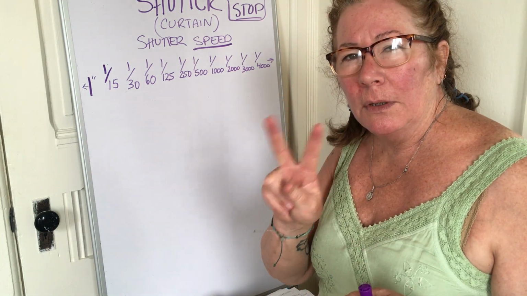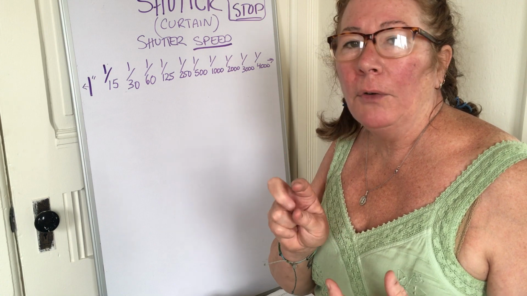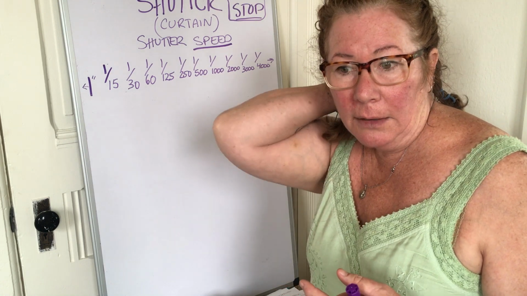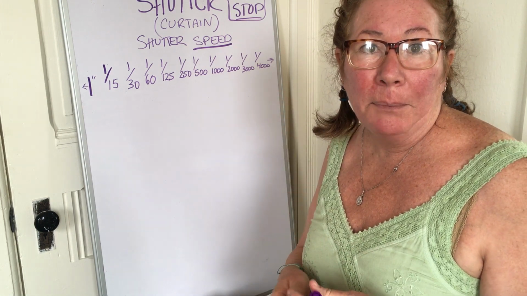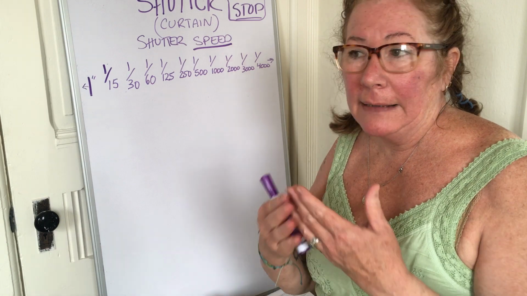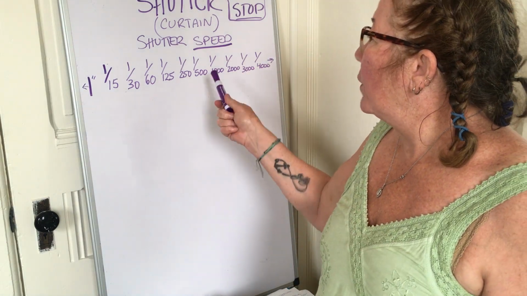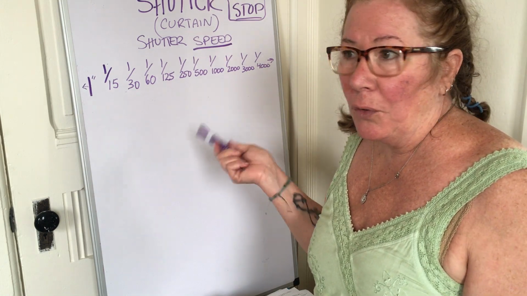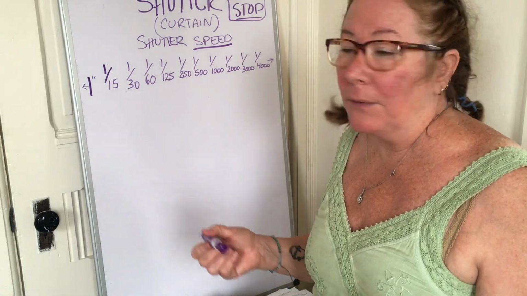Because they help you create photographs and describe two different things. We talked about depth of field, and that's aperture. The aperture controls the depth of field, and that's how much of your photograph is in focus. The shutter controls motion. This is how we describe motion in a still photograph.